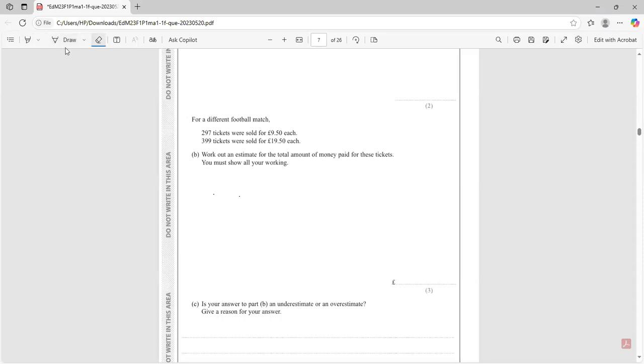Okay, you know what? Can you tap on this draw? Let's see, maybe it's expecting you to tap on it. No, that's the eraser you have there.